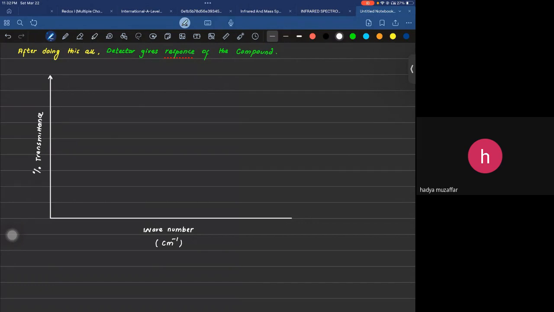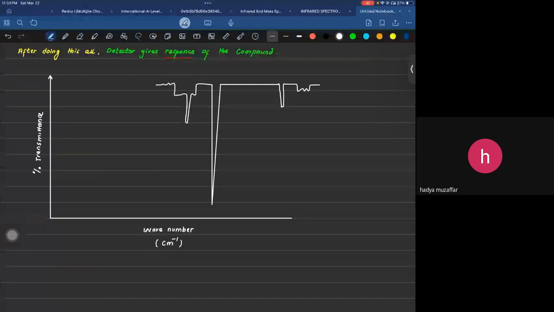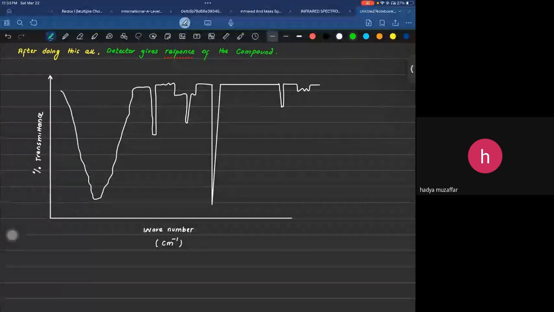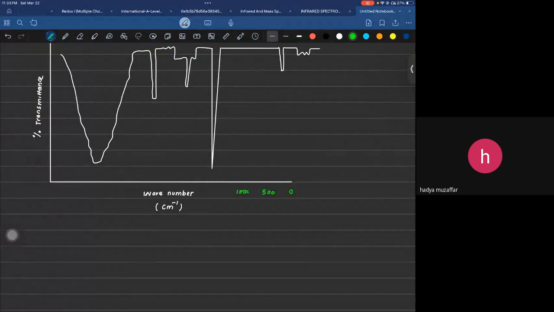On the x-axis, this is 0, then 500, then 1000, then 1500, and so on, up to 3000, 3500, and 4000. All values are in centimeter inverse.